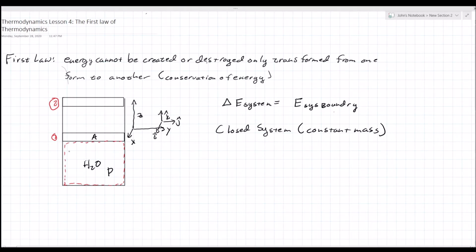Therefore, my boundary is going to expand, but it still encompasses the entire fluid. So now my boundary is up here, but it still encompasses the entire fluid.